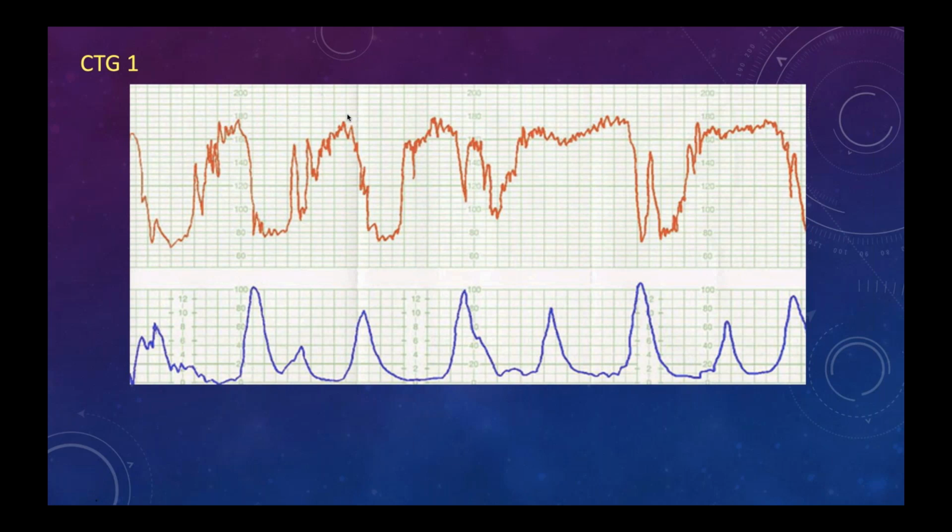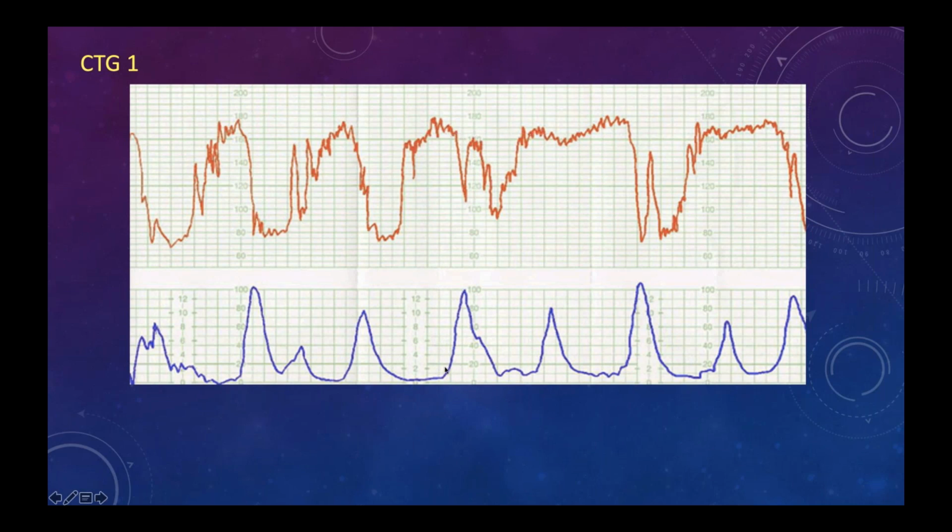So Vishnu Priya, what is the baseline? The baseline here, where it is touching the maximum beats, is around 160 to 170, I can say 160. Very good. It is more than 160, so you can put it here.